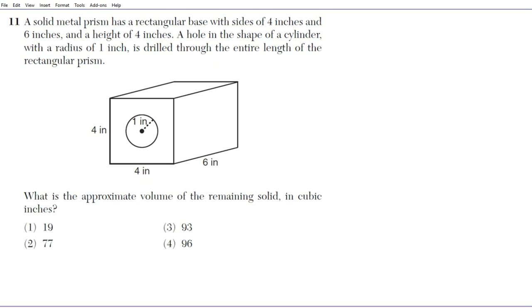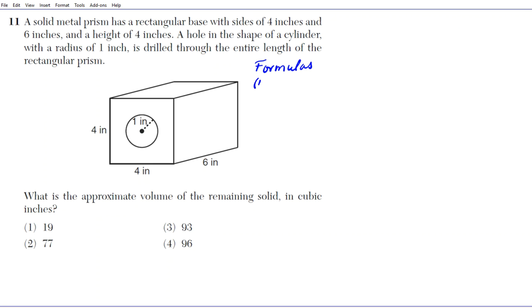Let's go ahead and write down the formulas that we're going to use to determine the volume of the resulting hollow rectangular or square prism when a cylinder is drilled out of it. There are 3 formulas we're going to be looking at here.